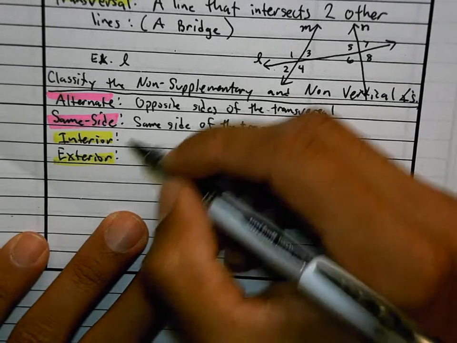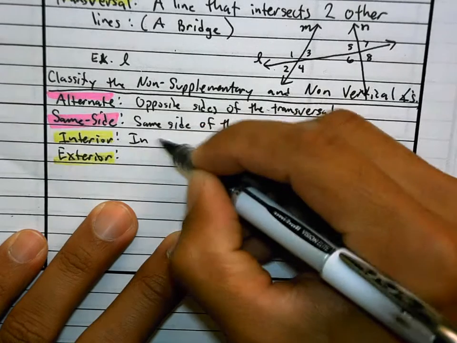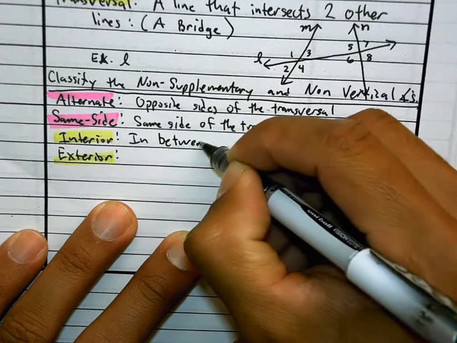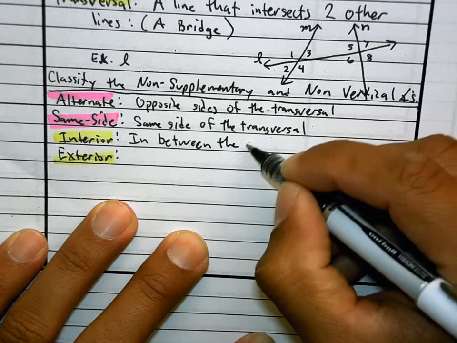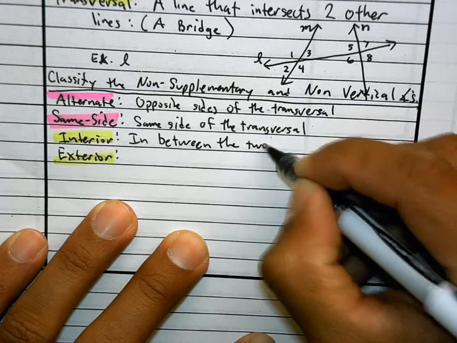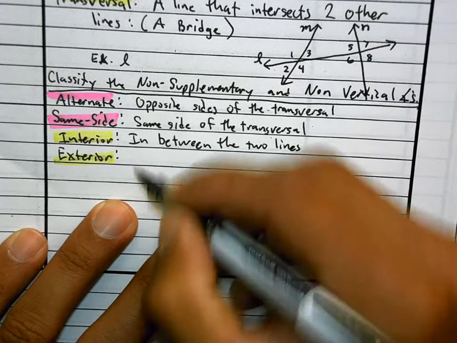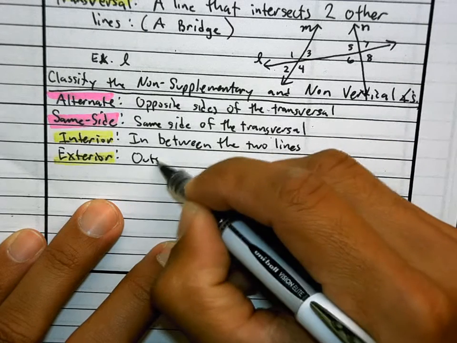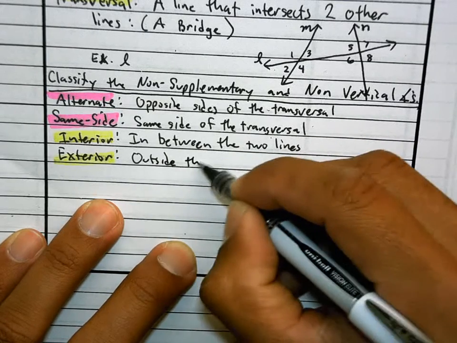Interior means in between the two lines. Exterior means outside the two lines.